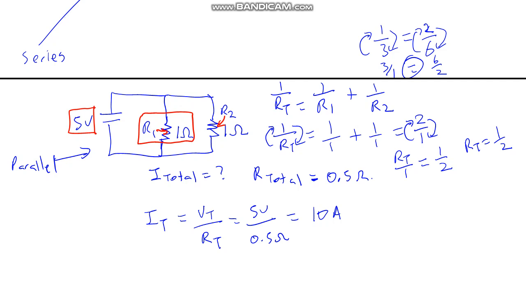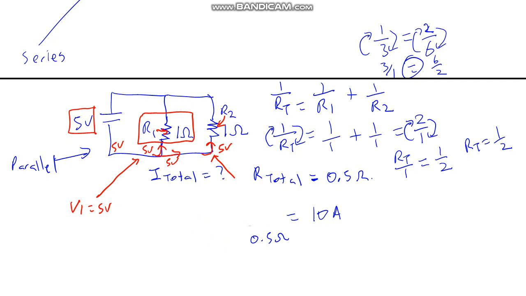If you have 5 volts starting here, when it meets this junction where it splits, you have 5 volts here and 5 volts here. So you will have 5 volts going to both pathways. So V1 is 5 volts and V2 will be 5 volts.